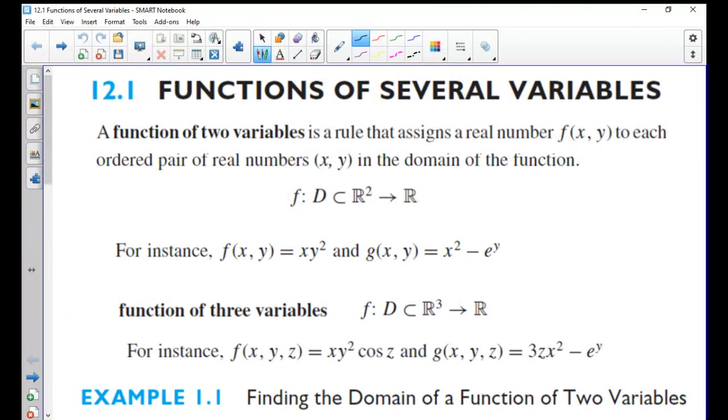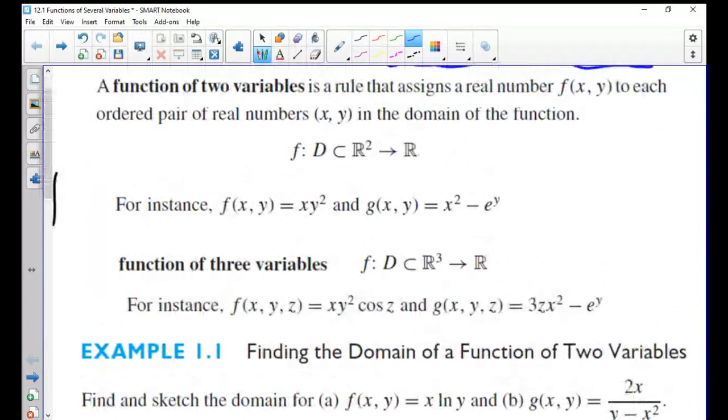Up to now, of course, most of your calculus, most of your math work has been working with functions of one variable. Here, we'll take a look at functions of two variables, or possibly even three variables, okay?